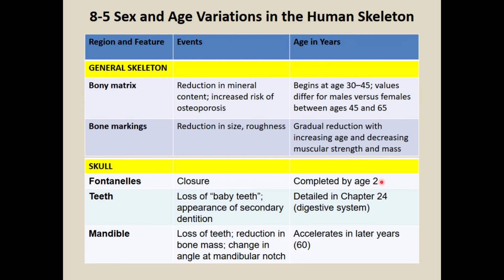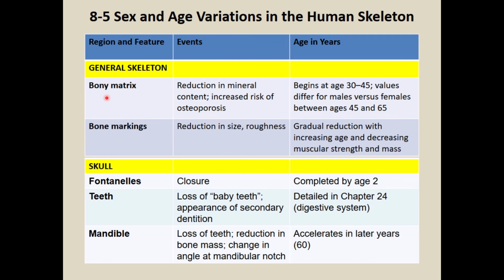There are also changes that happen with age. One is the bony matrix. As you age, osteoblast activity decreases, and because of that, there is an increased risk of osteoporosis. The reason for that is a decrease in the level of sex hormones in both men and women.